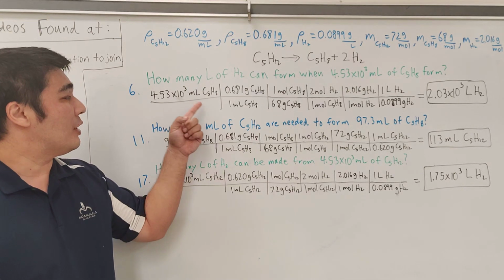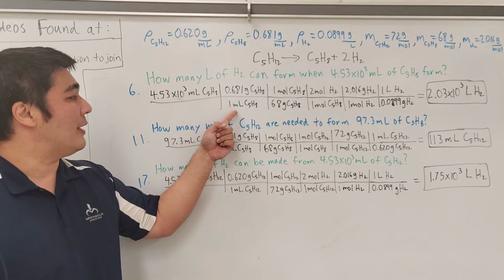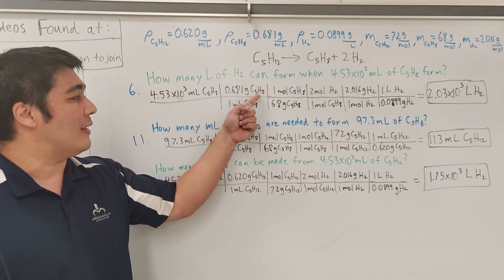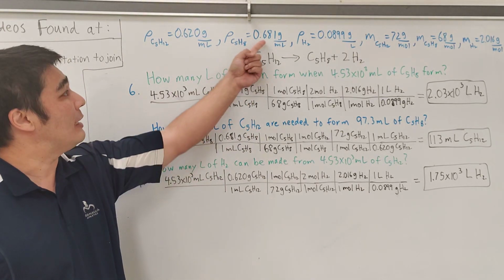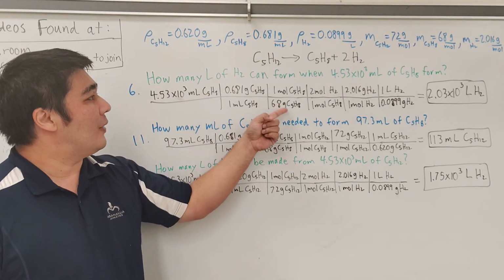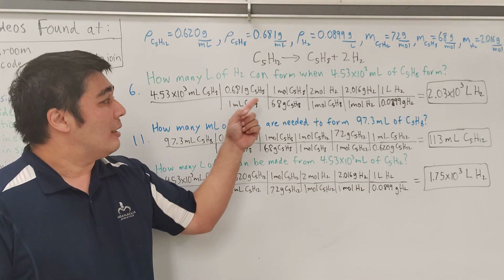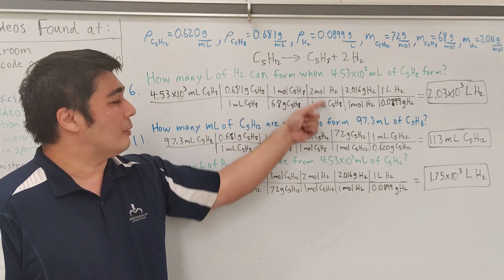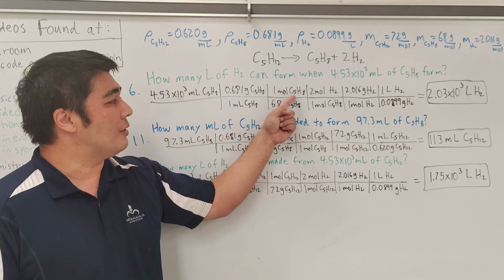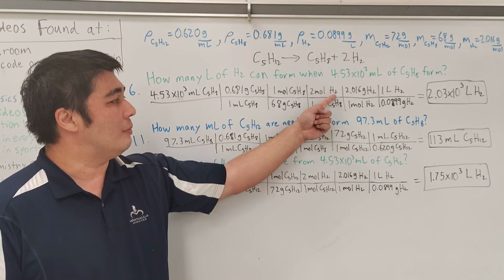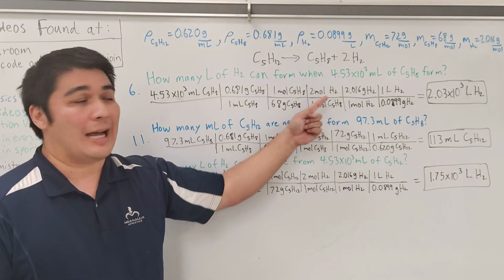We're going to start by converting milliliters of C5H8 into grams of C5H8, so we multiply by the density. Then we divide by the molar mass so that we can get rid of the grams of C5H8. From there, we use our mole ratio to convert from moles of C5H8 to moles of hydrogen gas.